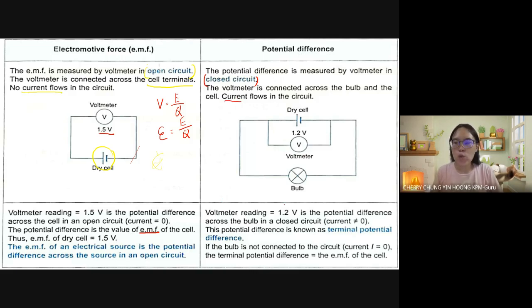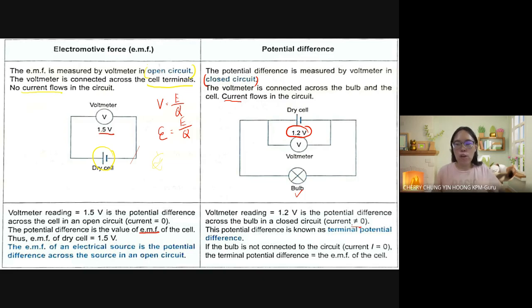So that's why the voltmeter reading decreases to 1.2 volt. Why? Because some of the voltage in the dry cell is used to push the charges around the circuit and also through the conductor, which is the bulb, when the current is not equal to 0.